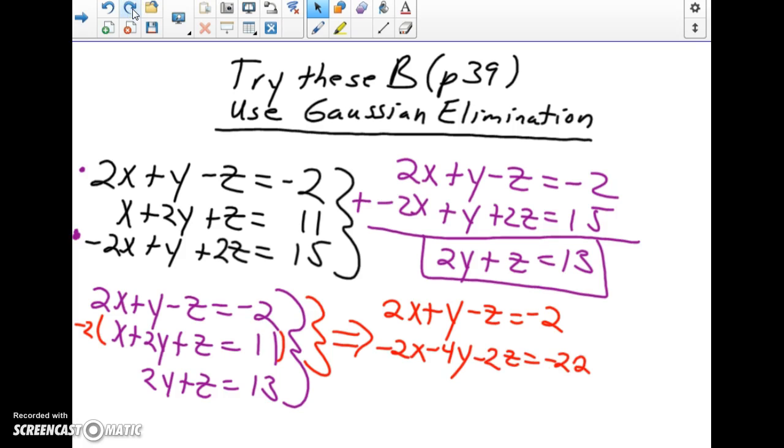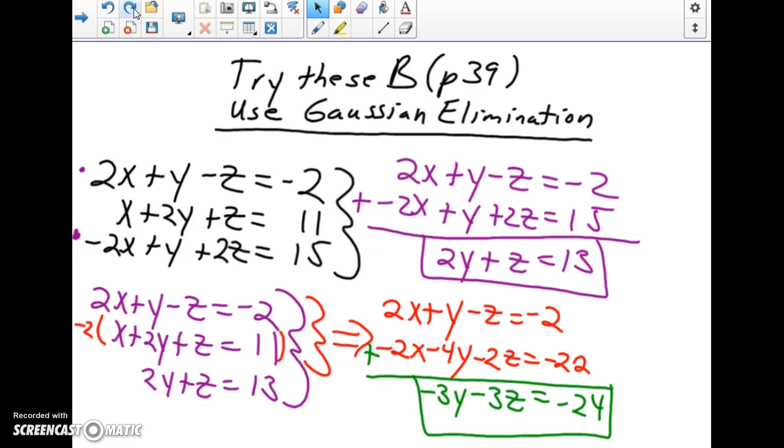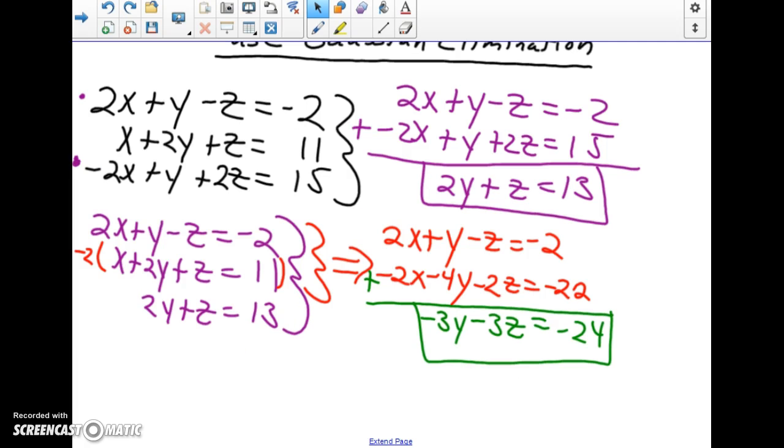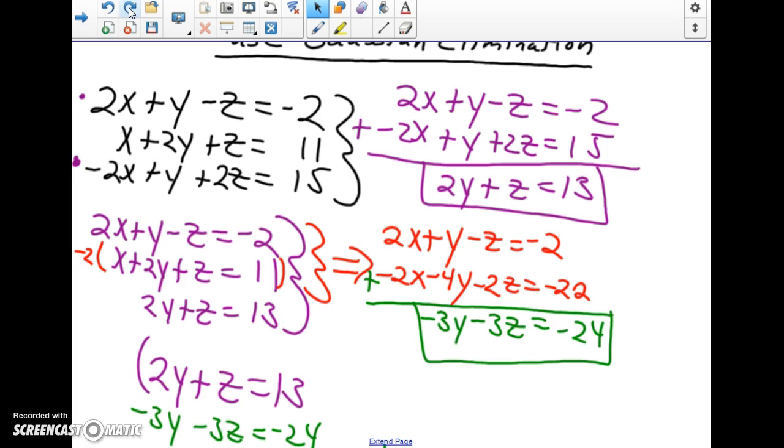And in turn, then I'm going to add these together, and then I'll get my final answer for this part. Okay, so there's that. I'm going to write the purple, and the green. There's the purple, and there's the green.